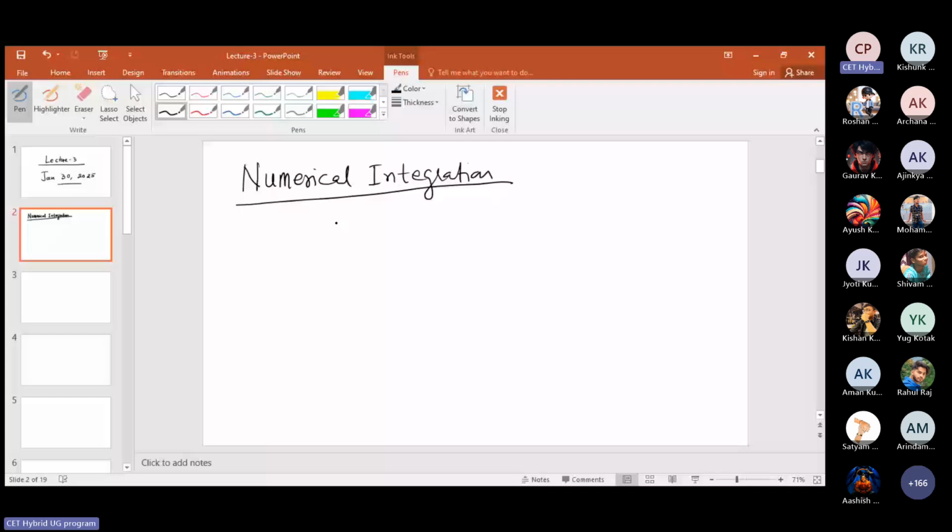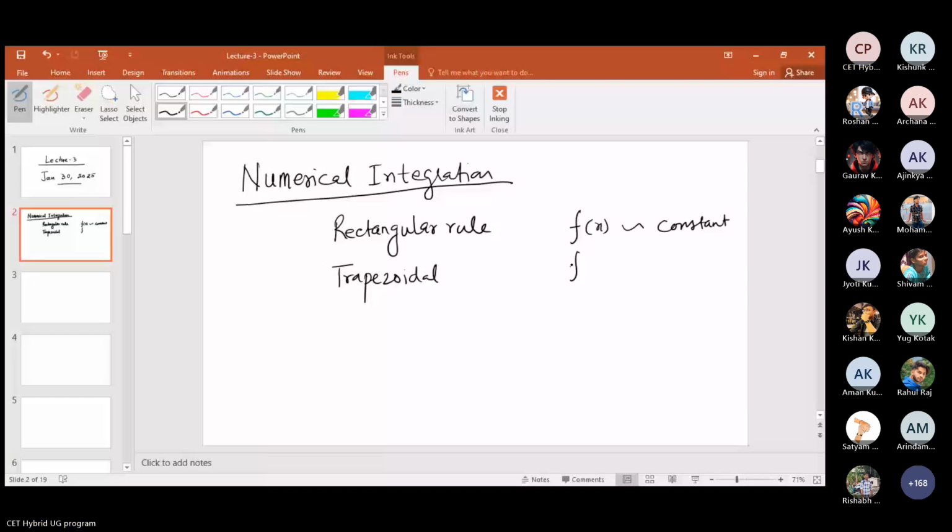First thing which we did was the rectangular rule, where, given integrand function f(x), we approximated it with a constant function. Then we used the trapezoidal rule, where the function f(x) was approximated by a straight line or a linear function.